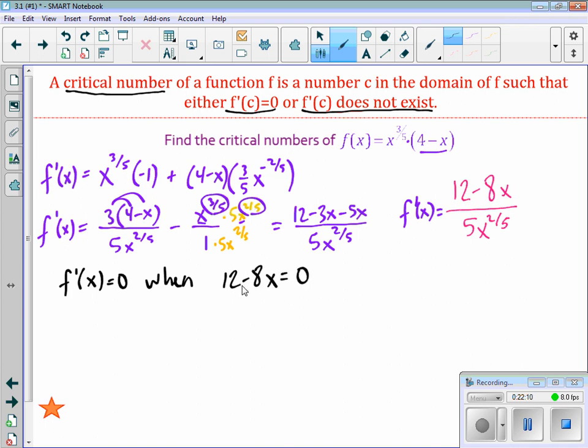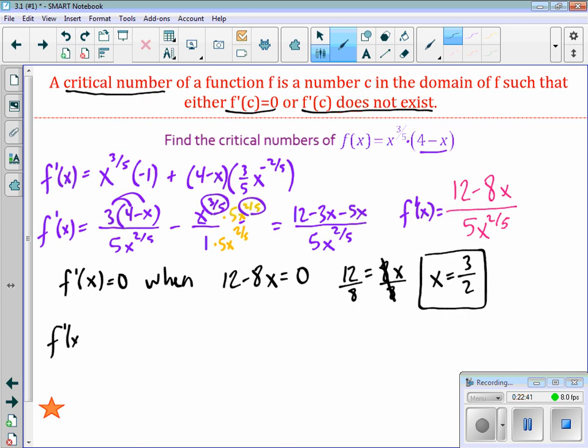So the easiest way to do this so I don't have to deal with negatives is move this over. So I'm going to add the 8x over. And then divide by 8. So if you divide by 8, you get x is 12/8, or 4 goes into the top 3 times, and 4 goes into the bottom 2 times. So 3/2 would work there. Questions on that part?